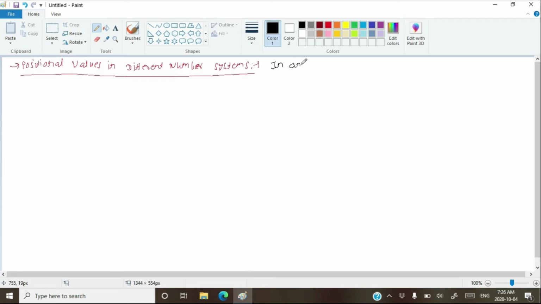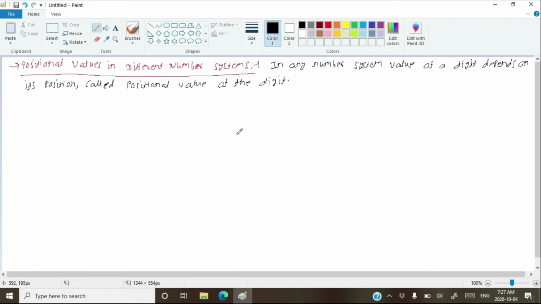In any number system, the value of a digit depends on its position. I will explain it practically, don't worry. In any number system, the value of a digit depends on its position, called the positional value of the digit.